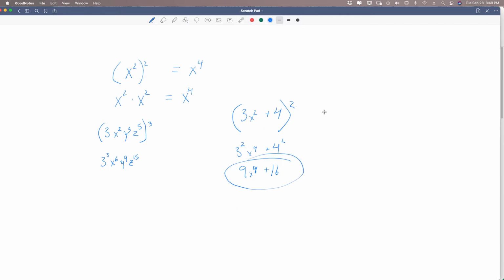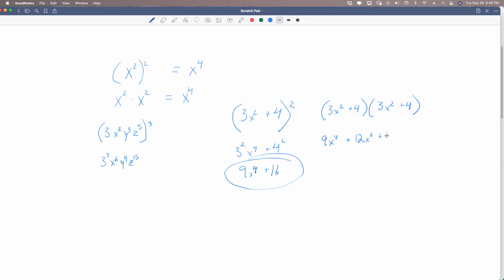In actuality, this is going to be 3x squared plus 4 times 3x squared plus 4. And we would have to do some distribution. So 3x squared times 3x squared would be 9x to the fourth, right? 3x squared times 4 would be plus 12x squared.